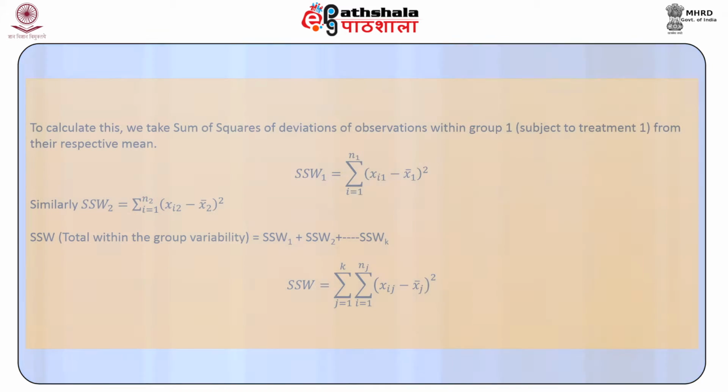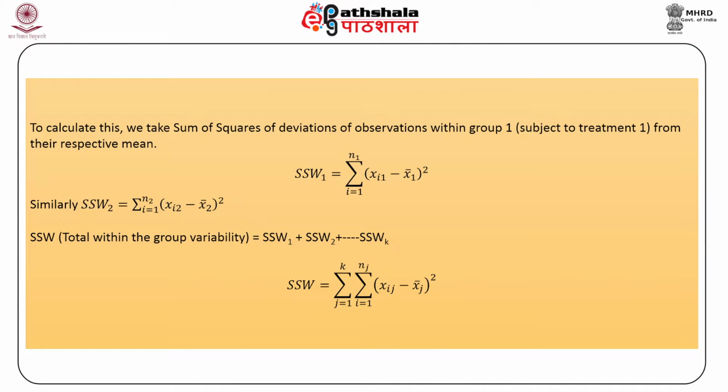That means SSW1 is equal to within the group 1 sum of the squares. How do we calculate this? To calculate this, we take the sum of the squares of deviations of observations within group 1, that means subject to treatment 1, from their respective mean, which means from the mean of the first group.